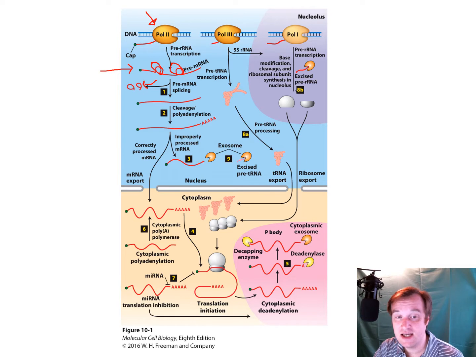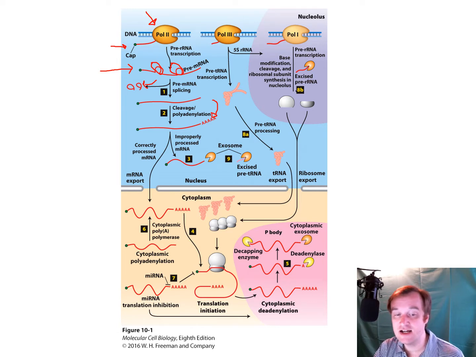So then we have a spliced mRNA that has no introns, and we have a poly A tail that is added. And so now it's got the 5' cap, which is put on it during transcription, and the poly A tail.